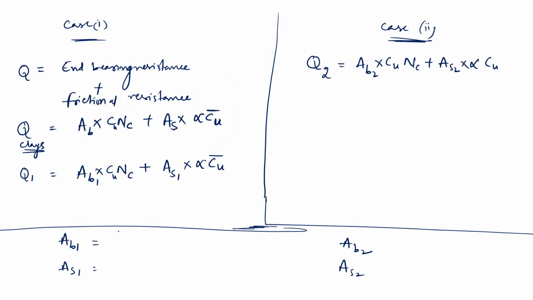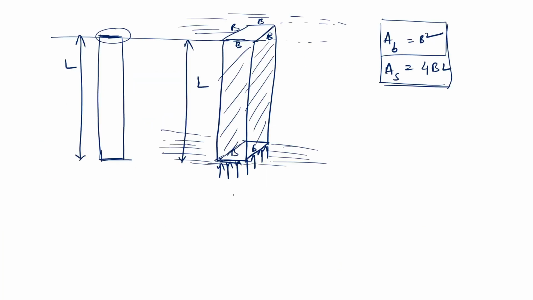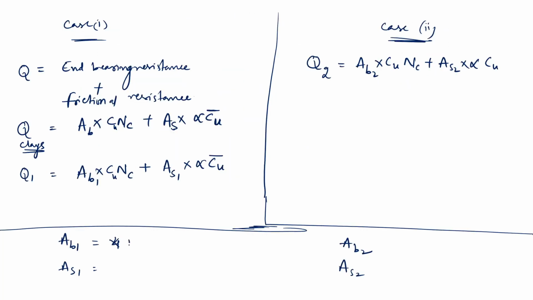Here AB is B square, and this is 4BL, whereas B square is B1 square, because AB1, that is B1, is 0.5 square, and 4B1 into L1.